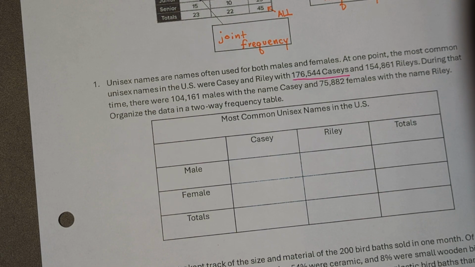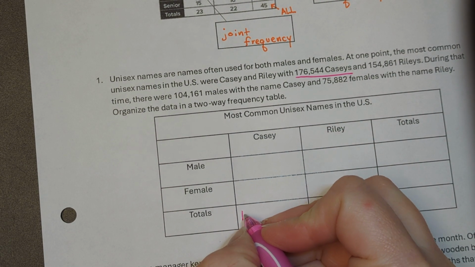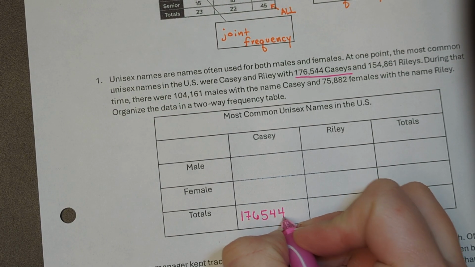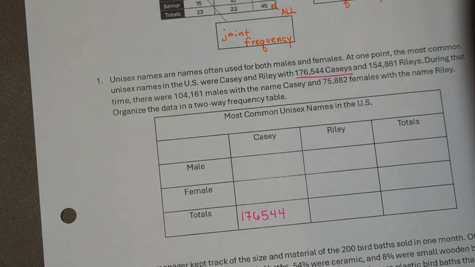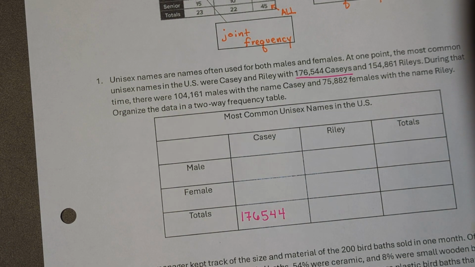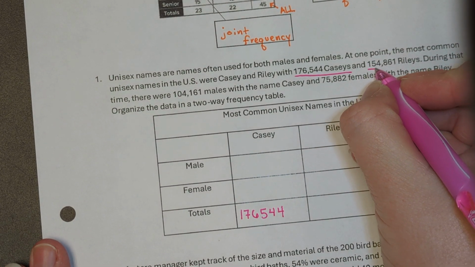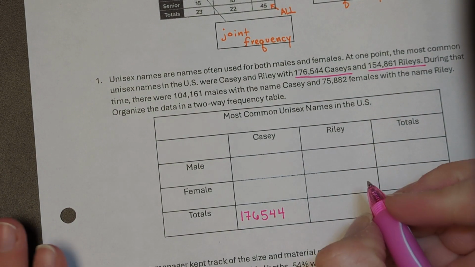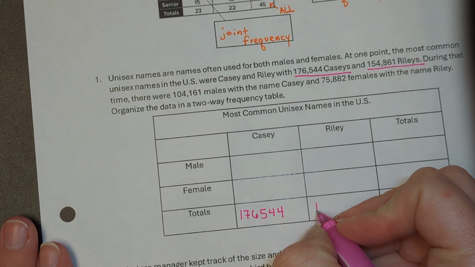Good. Write it down. Okay, so we're going to put that really big number, 176,544. That's how many Caseys there were total for all the Caseys. And then it says there was that many Rileys. So where should that go? Under Rileys for the totals.